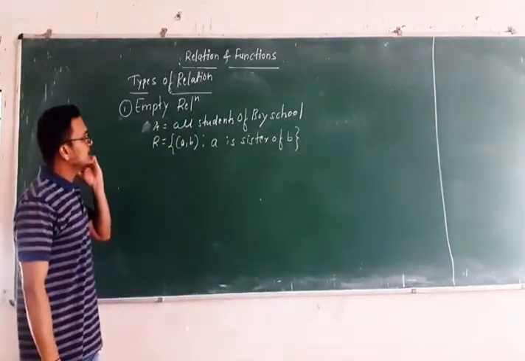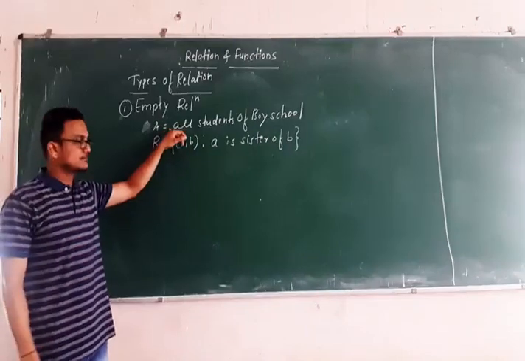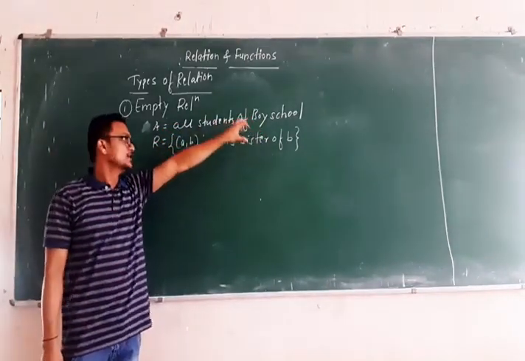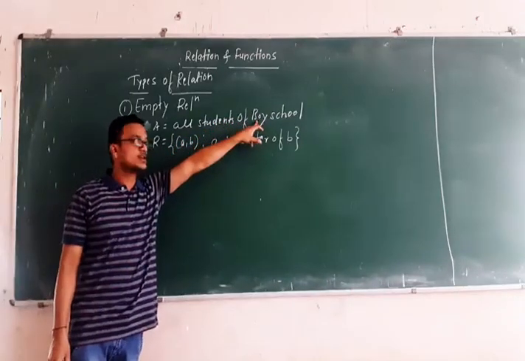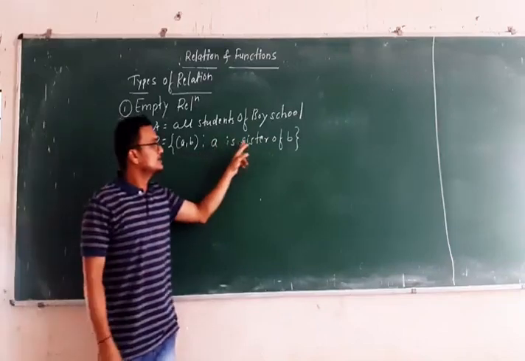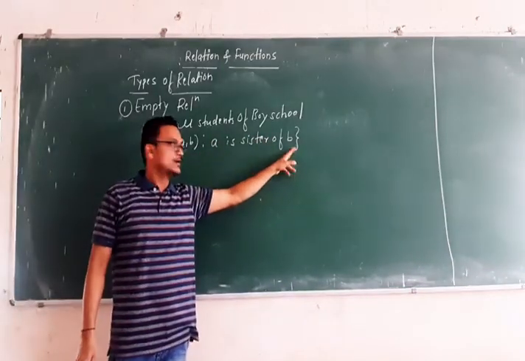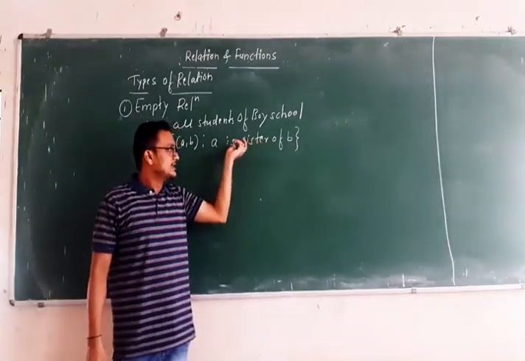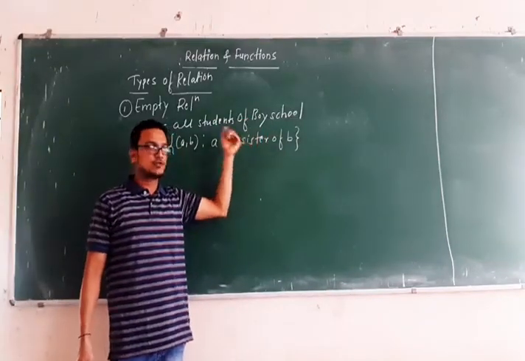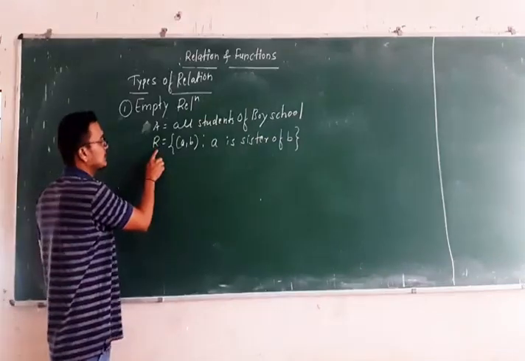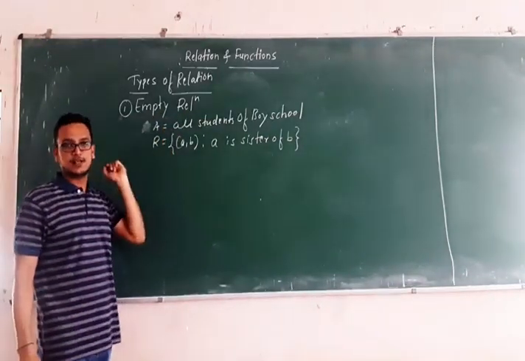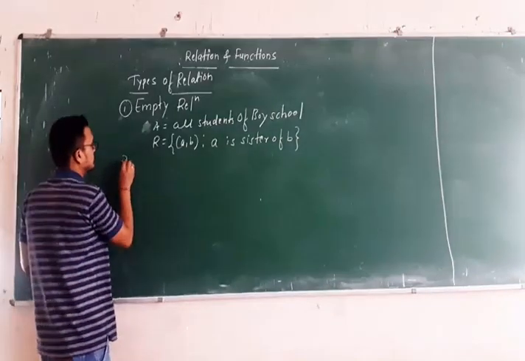If you observe here, which set do we have? All the students of a boys school. It is a boys school, but what relation is given? a is a sister of b. Then do we find any sister relation in a boys school? Not possible. So this relation becomes an empty relation. Okay, now the second one.